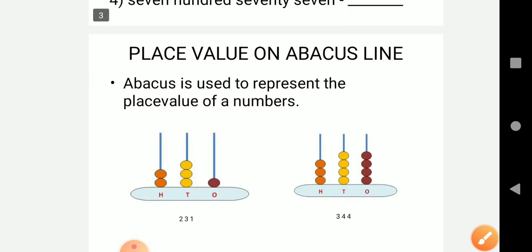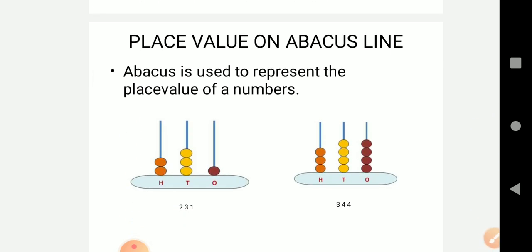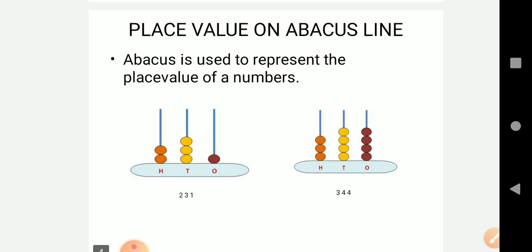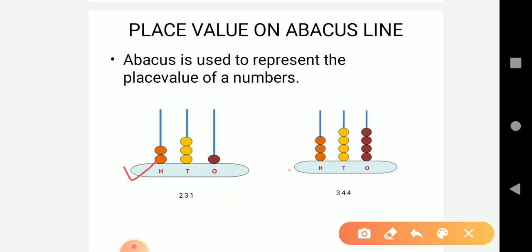Now we learn the place value with the help of the abacus line. See, this is abacus 1 and 2. There are two examples of abacus given. Abacus is used to represent the place value of numbers. See, here there are 3 lines given on the abacus.